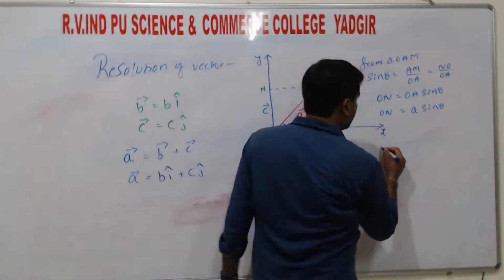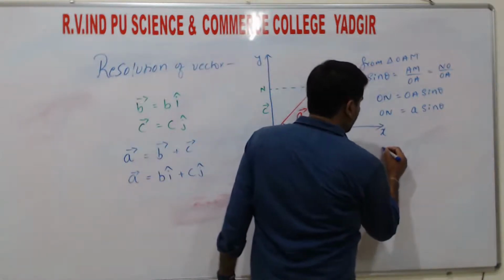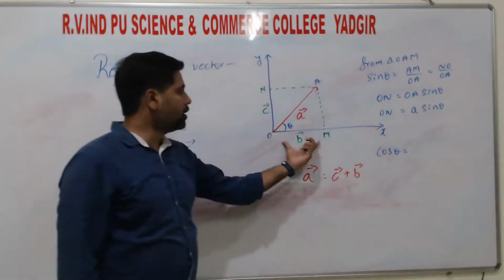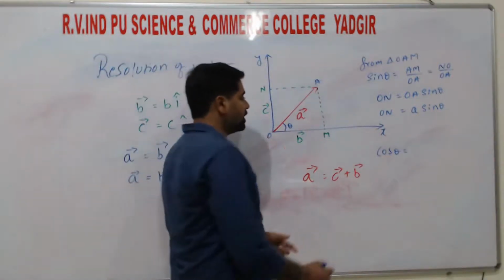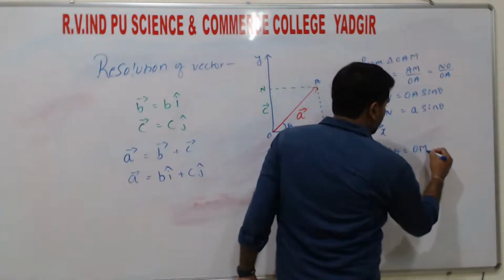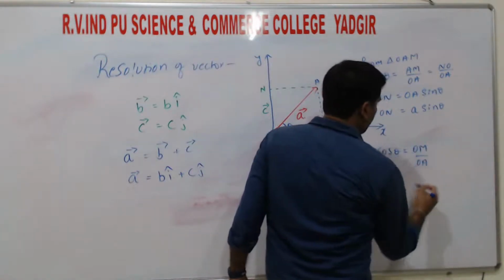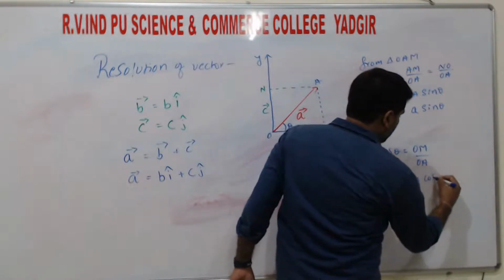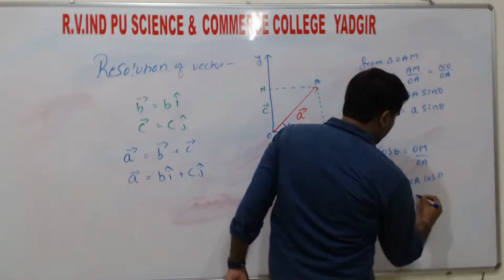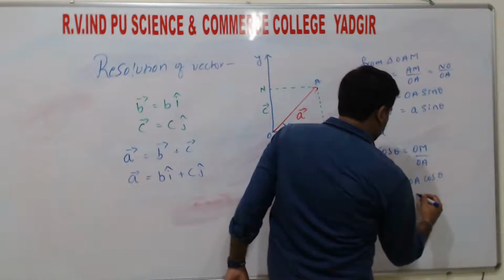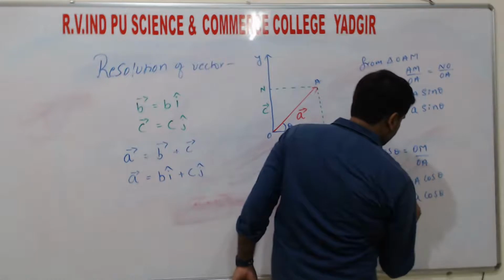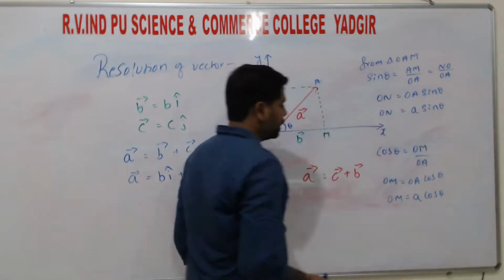Similarly, from the triangle, cos theta is equal to adjacent side by hypotenuse. The adjacent side is OM and the hypotenuse is OA, so OM is equal to OA cos theta, that is, A cos theta. So this one is OM.